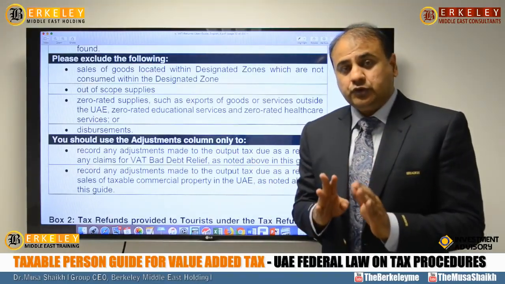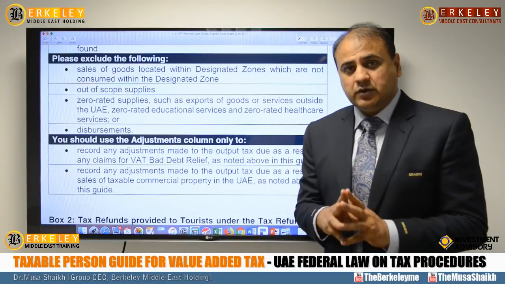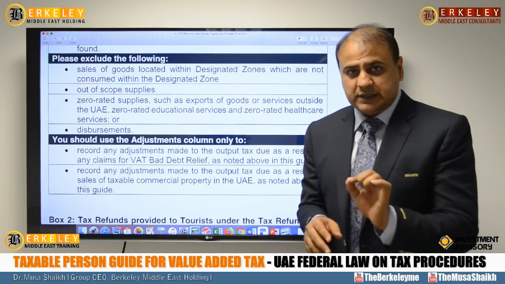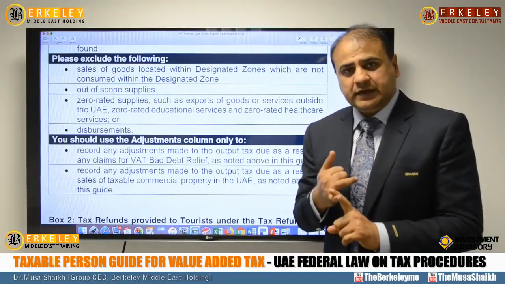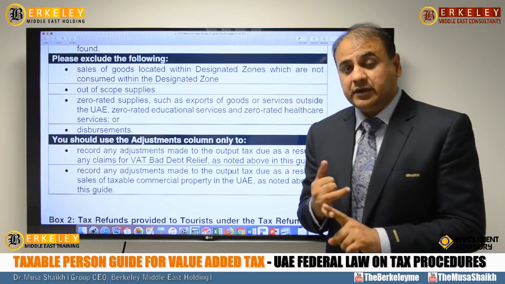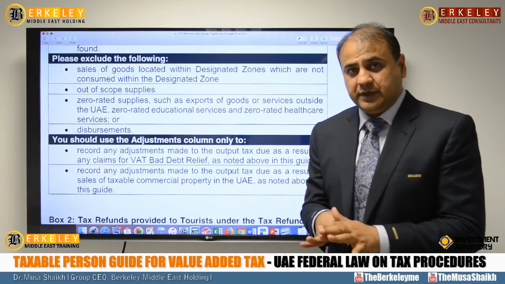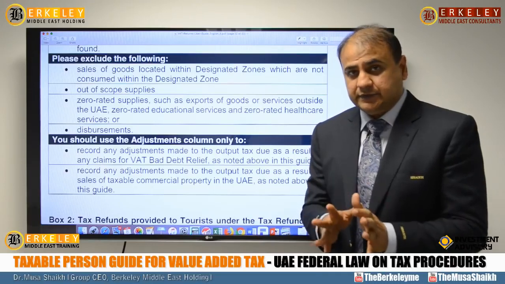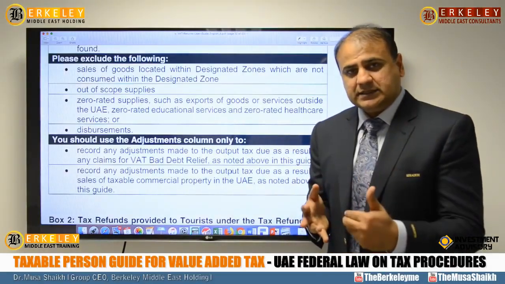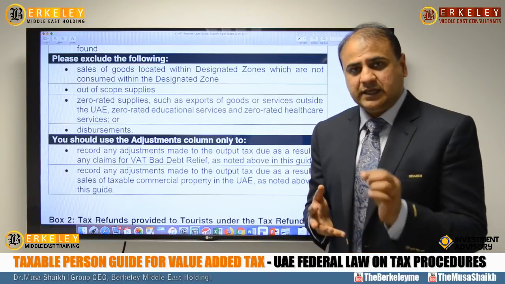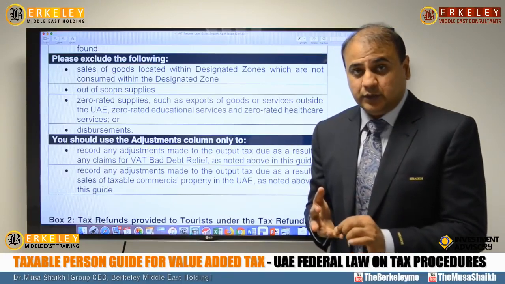Very carefully, you should only use the adjustment column in these circumstances. The first, if you have any bad debt relief, where any of your customers has announced that he is not going to pay you, so that is a bad debt relief, or it arises as a result of any saleable commercial property in UAE.